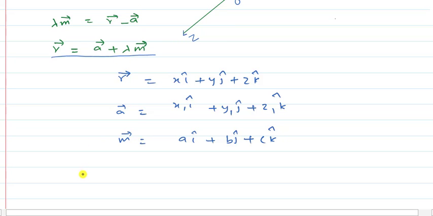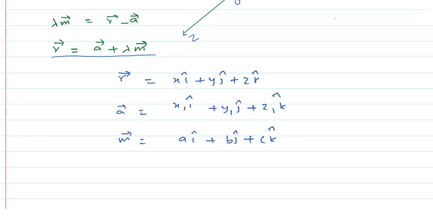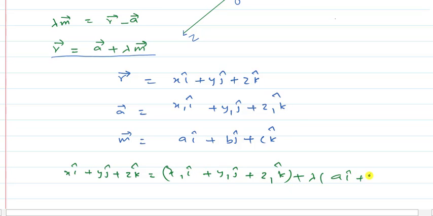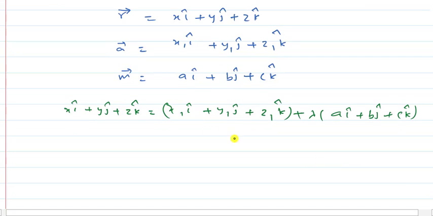So let us write this as x i cap plus y j cap plus z k cap is equal to vector A, meaning x1 i cap plus y1 j cap plus z1 k cap, plus lambda times a i cap plus b j cap plus c k cap.